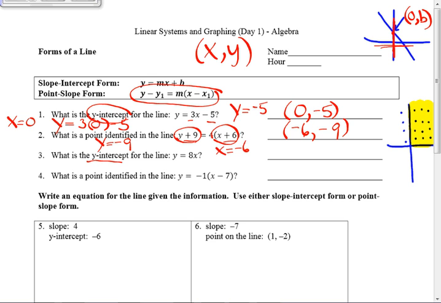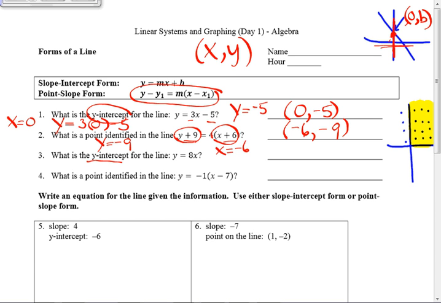Now, the y-intercept, what's true about the x-coordinate when it's a y-intercept? This point right here. What is that? The x-coordinate is what? Cole, do you know? The x-coordinate, where the line crosses the y-axis. The y-intercept. Yeah, what's the x-coordinate there? If you're on the axes, Nick, either x is 0 or y is 0.